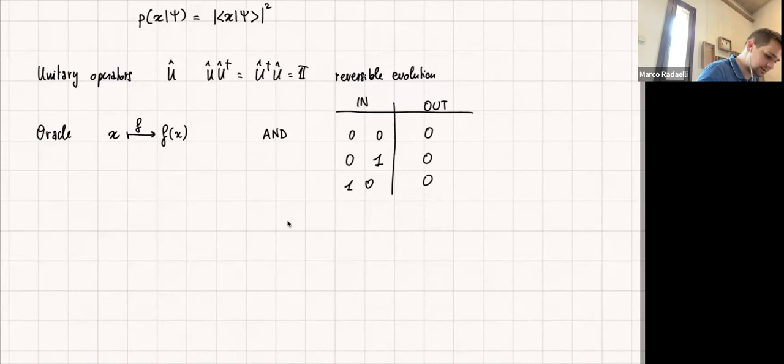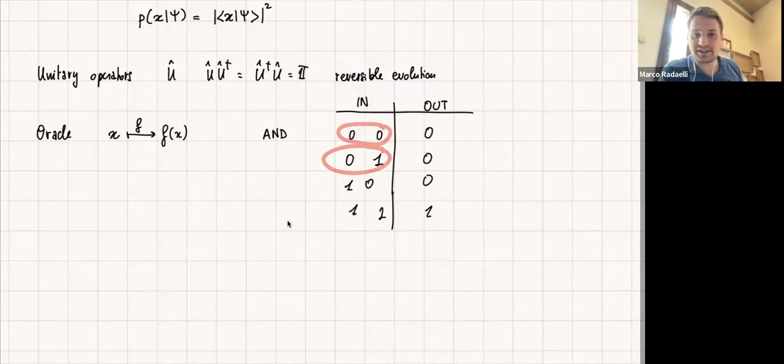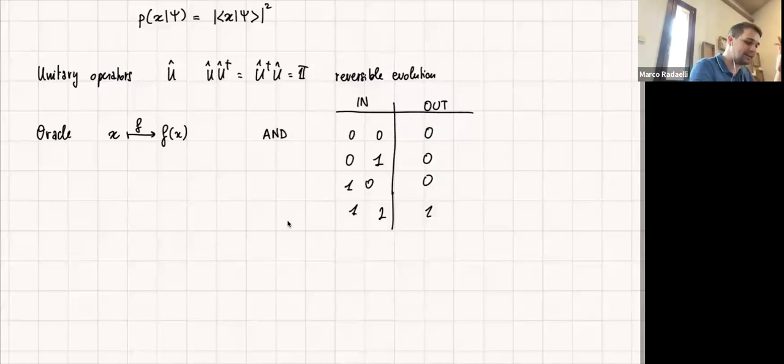As you can see, different inputs are associated to the same output, 0, which means that once I get an outcome, I cannot always get back to the corresponding input.